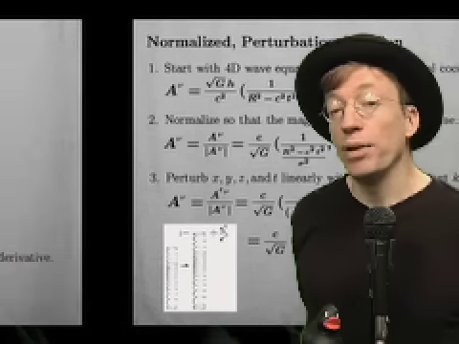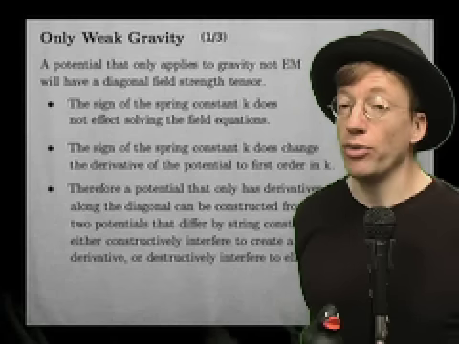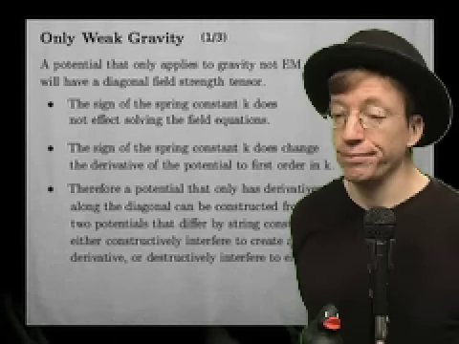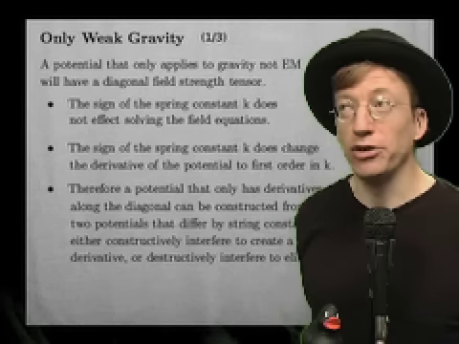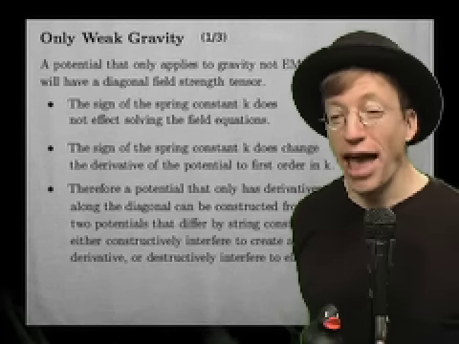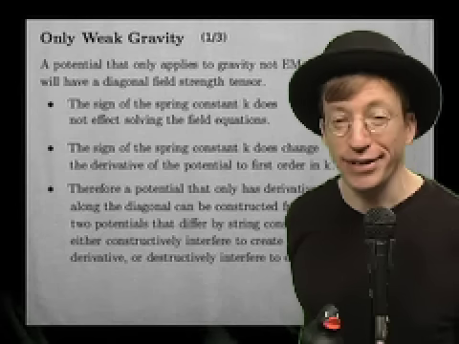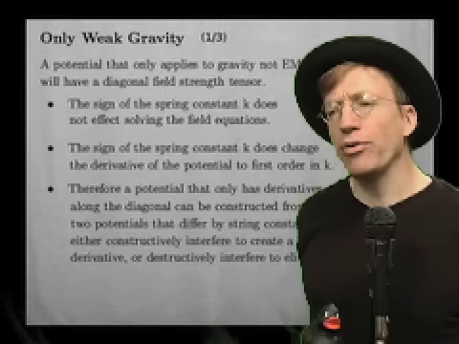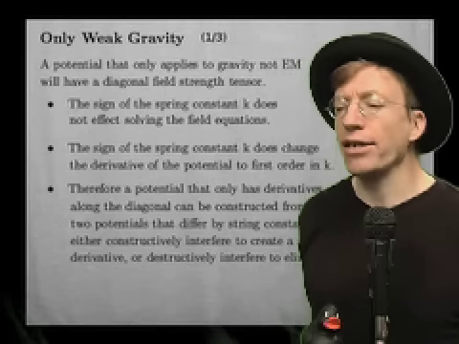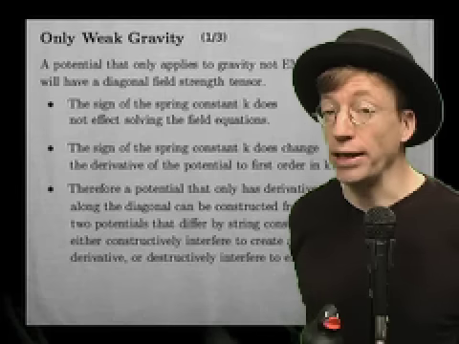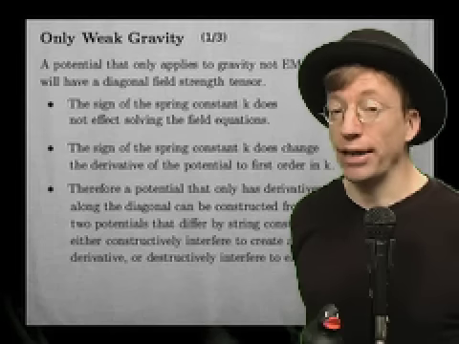We want this to apply only to gravity, and only when gravity is weak. Unified field theory has its own kind of technical hassles, and that is that electromagnetism always wants to join in. So how can we choose a potential such that it really is only about gravity, not at all about electromagnetism?